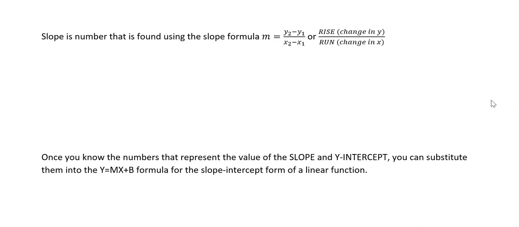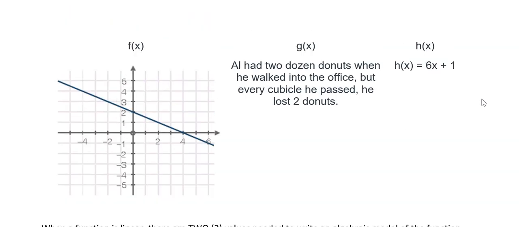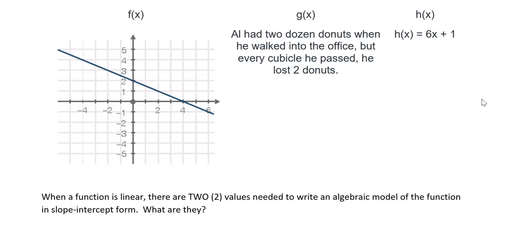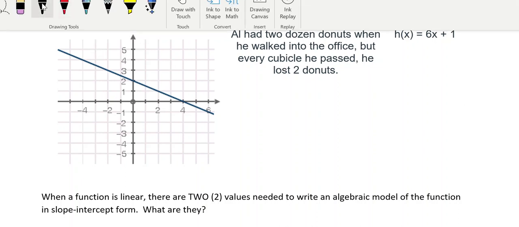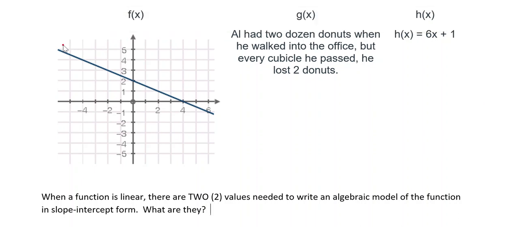It is a number. So let's look at these examples and see how we could compare the slope and the y-intercept. First thing I want to notice about f of x is that the slope is decreasing because we read a graph from left to right, just like we read a book, right? So if I start from left and I'm looking at these values, the x values are getting bigger because the x values are on the x-axis here and we're going from left to right.